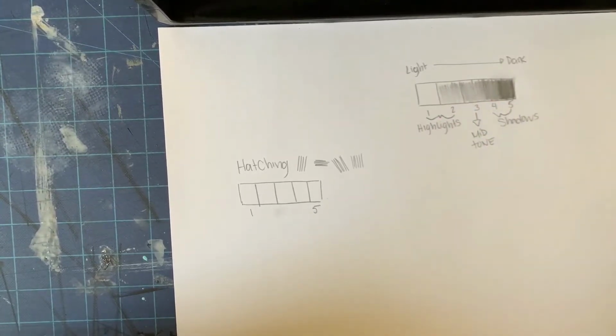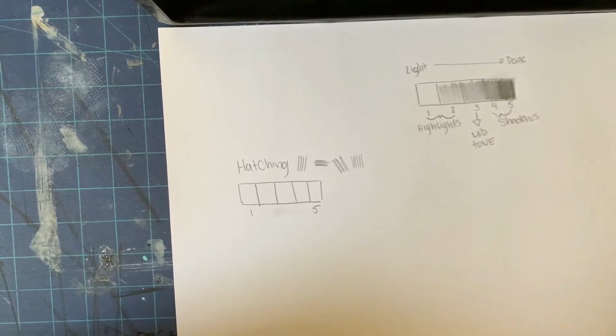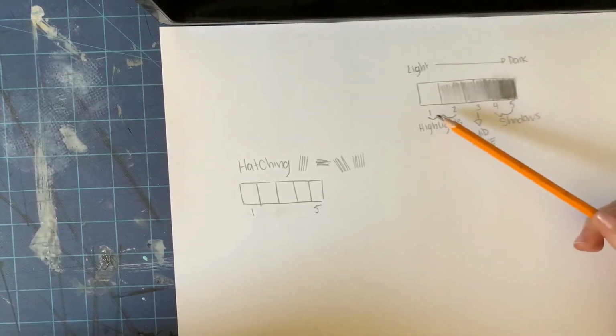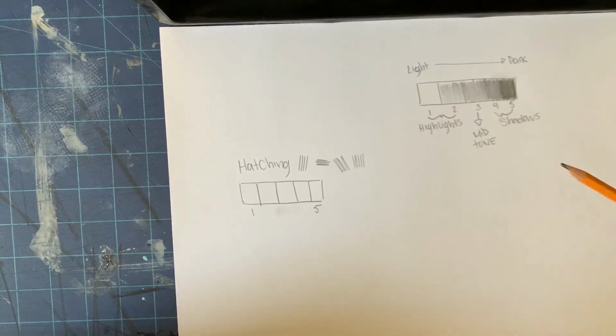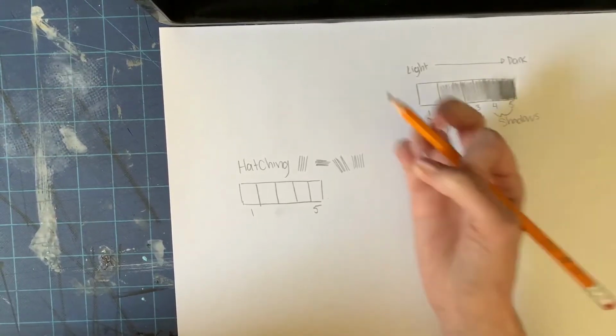Not everyone does this or teaches this way, but I use this 1 through 5 value scale. More advanced college might use a 1 through 10 value scale. So it's a little bit different, but this is how we're going to use it and reference where we are within our values, okay?